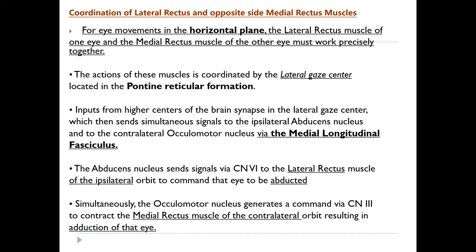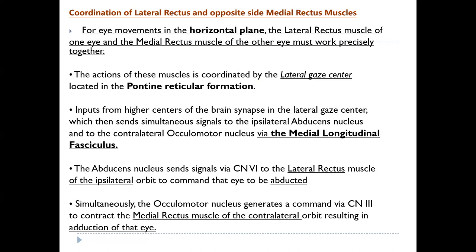So we're not going into the details of it, but just remember there is conjugate eye movement. The lateral gaze center is what coordinates it, and it is being coordinated through the medial longitudinal fasciculus, which is a very long tract which we see in the brainstem. So these medial longitudinal fasciculus fibers will coordinate oculomotor, abducent, and trochlear.